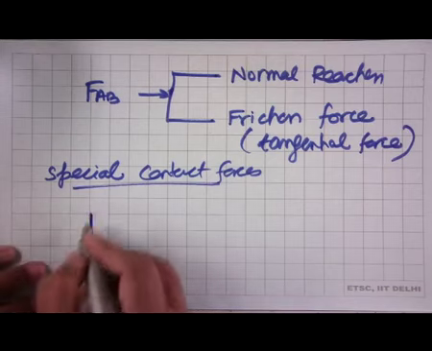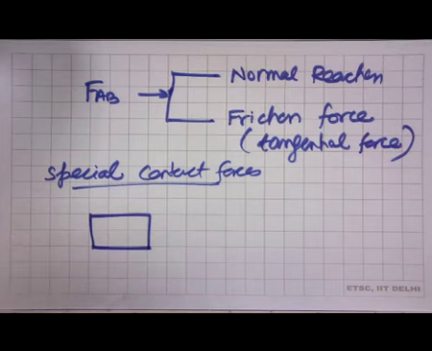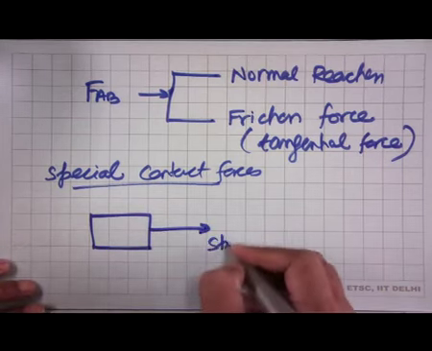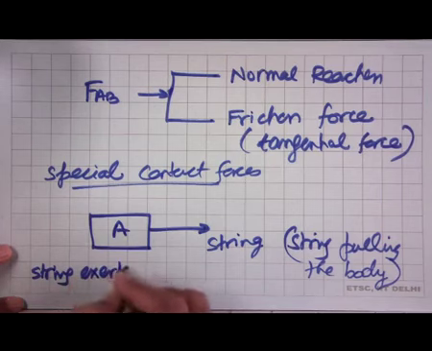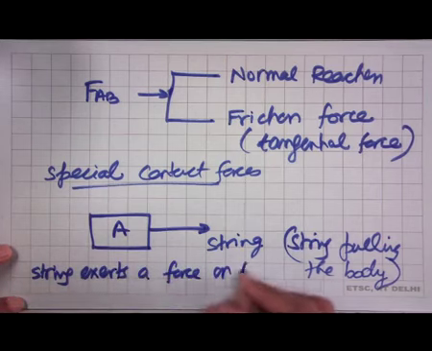The first one is, suppose we have a block or a particle and this is tied to a string, and the string is pulling the body. So, this is body A, this is a string, and the string is pulling the body. Now, in this case, the string exerts a force on the body in the direction of the string.